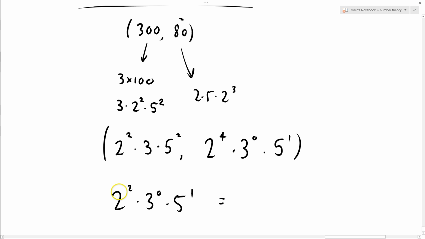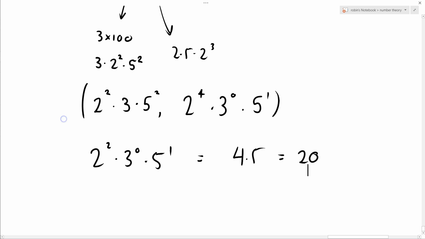So that's equal to 4 times 5, which equals 20. So you write that down as (300, 80) equals 20. And that's just one way of doing it. There are other ways of doing it, and I'll show you the Euclidean algorithm next.